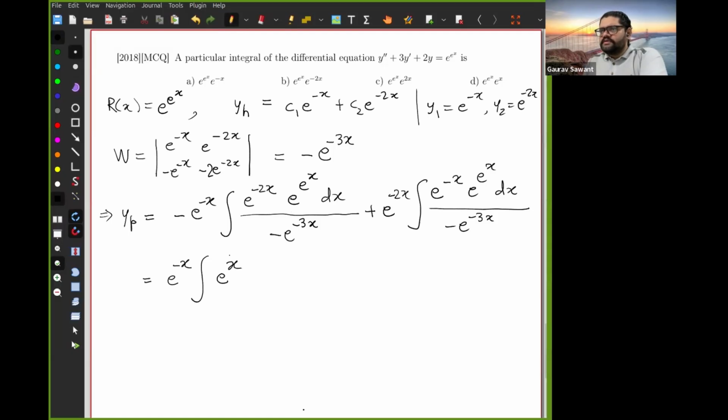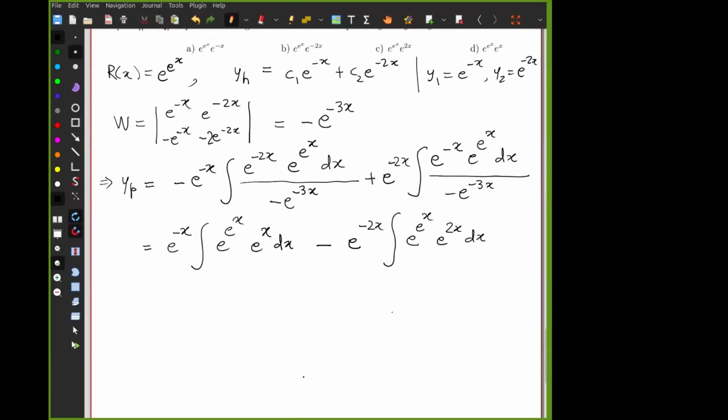So I will put that e power x later, e power x, e power x dx. That minus sign and plus sign have cancelled. For e power minus 2x integration, there is e power minus x above, e power minus 3x below, so I have e power x, e power 2x dx.